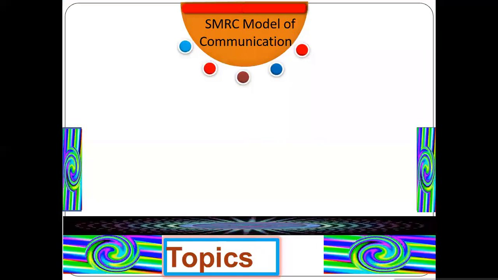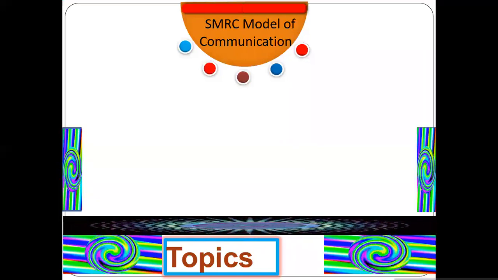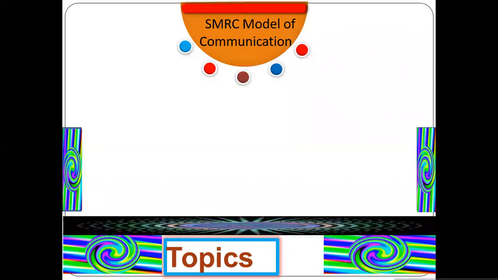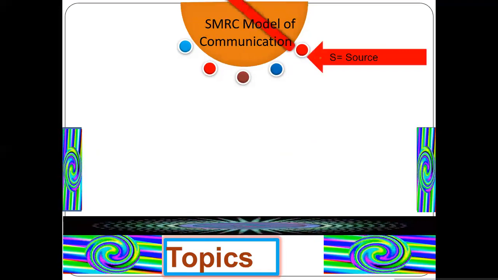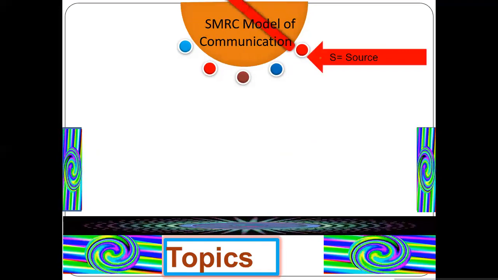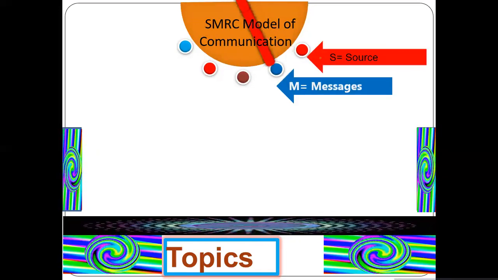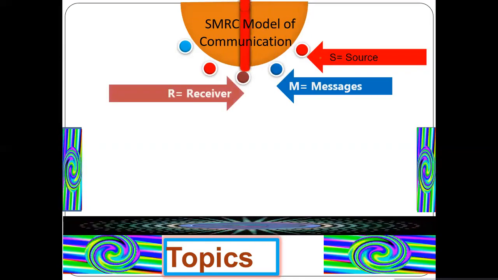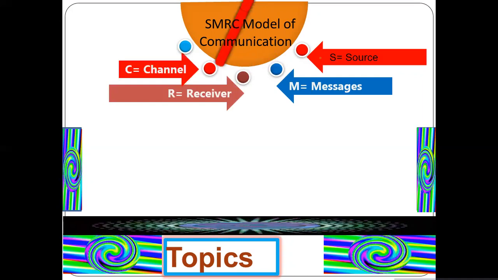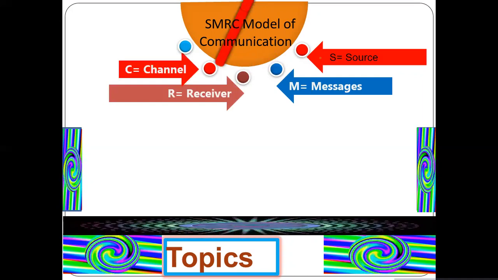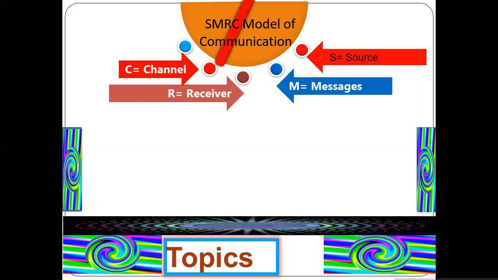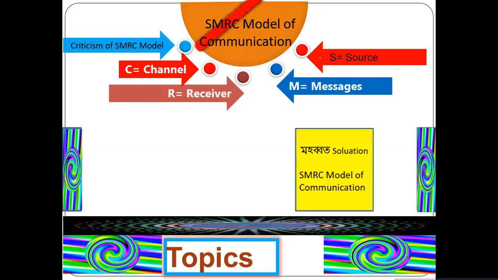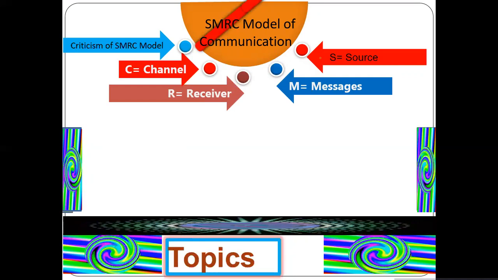And today the topic is the SMRC model of communication. Here S is for source, M for message, R for receiver, C for channel. Besides, we will learn about the criticism of the SMRC model.